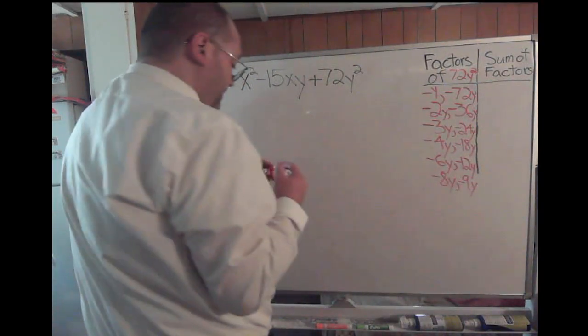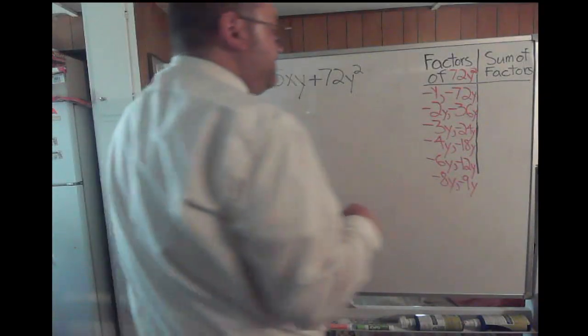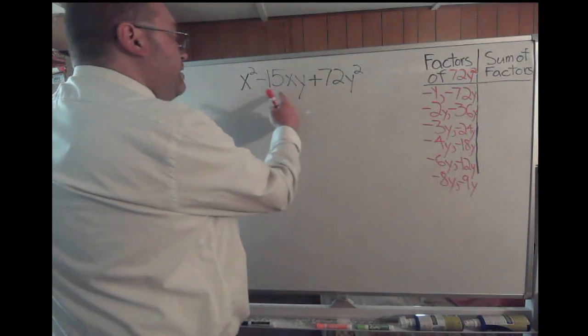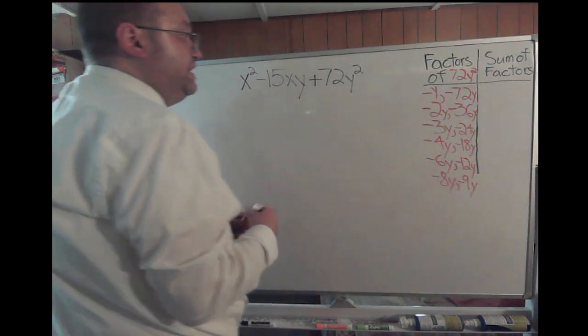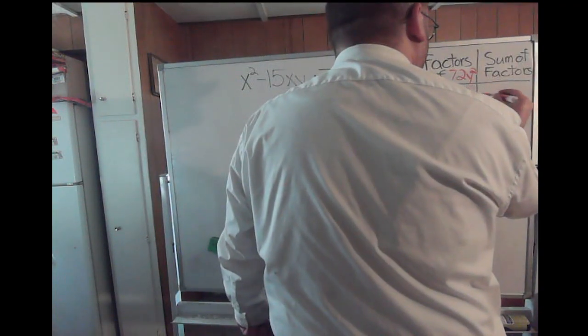Alright, so let's add up the factors here, see if we get our middle term of negative 15. Well, negative 1 and negative 72 gives you negative 73.